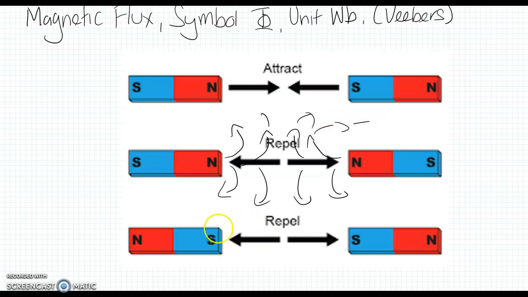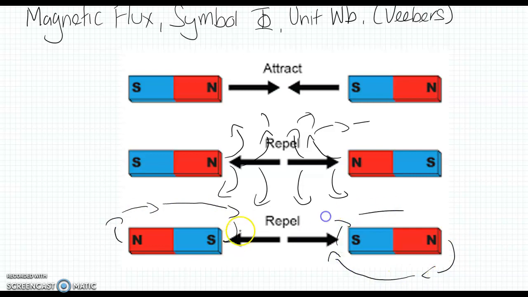Likewise on these two south poles, we can see there that the two flux arrows basically would cause a problem and they would effectively repel each other.